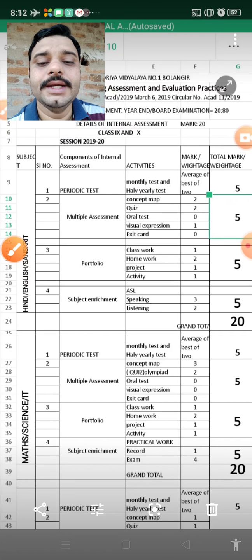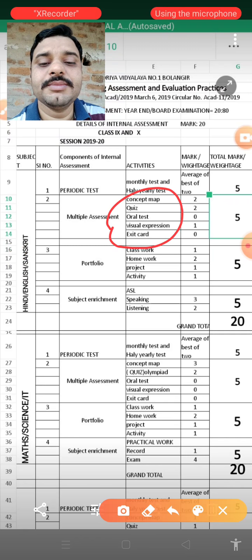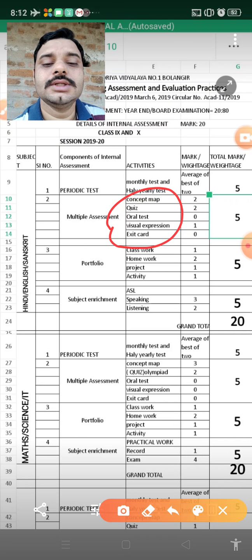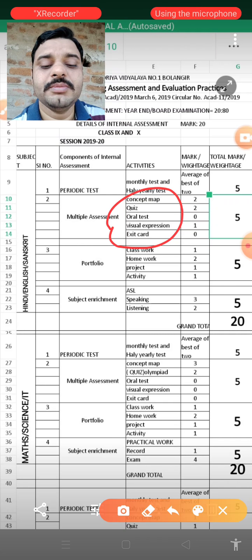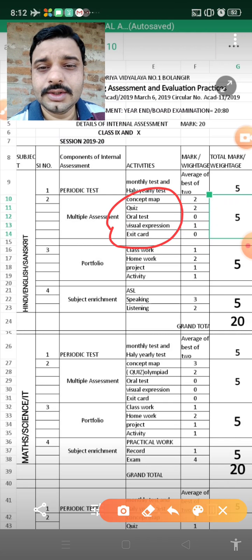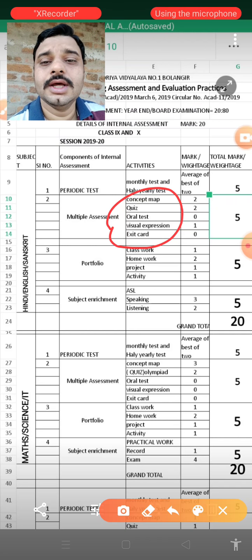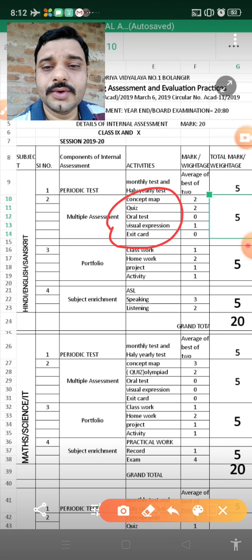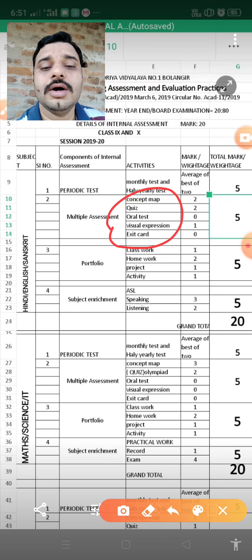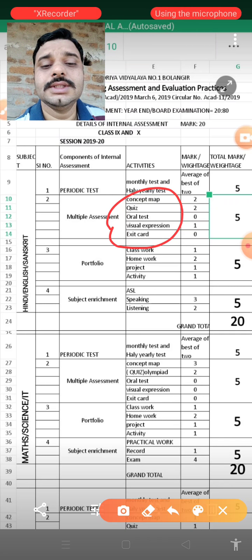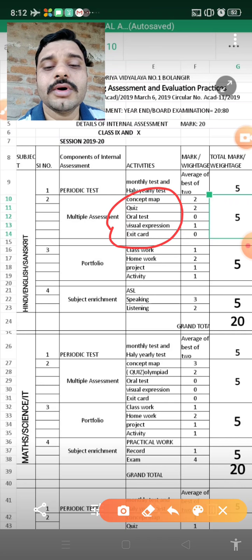Last year I took these things: concept map, quiz, oral test, visual expression, exit card. Out of these, concept map means your note taking, how you arrange and categorize the notes, how you reflect it in your classworks. These things also count, and 2 marks is awarded for that.